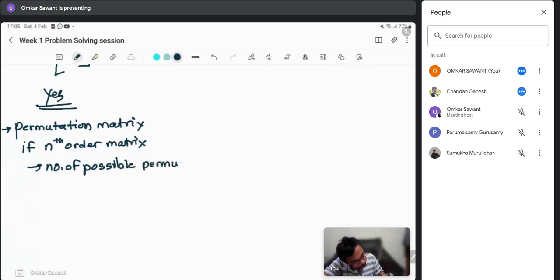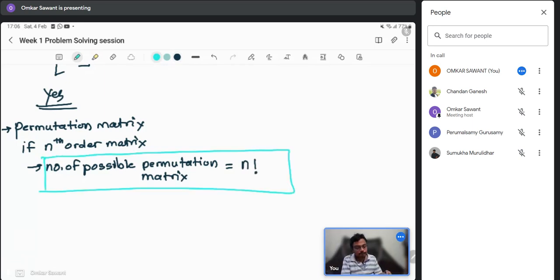N permutation, sir. Any other view? How many nth order permutation matrices are possible? In fact, n factorial, correct? It is n factorial. Please remember this.